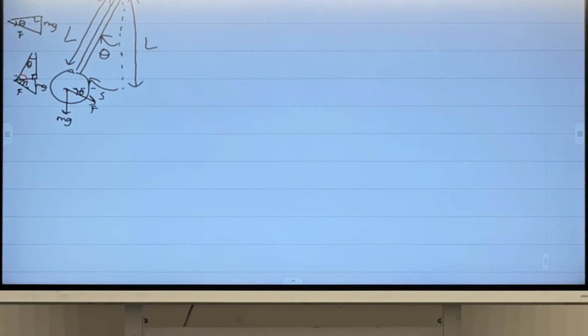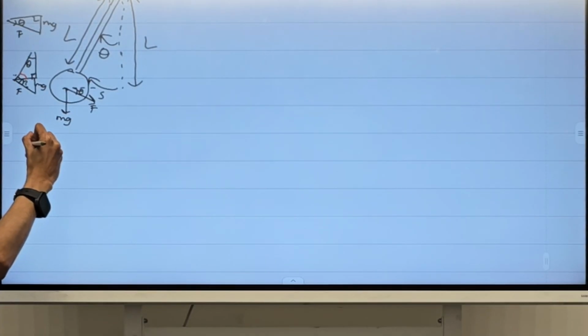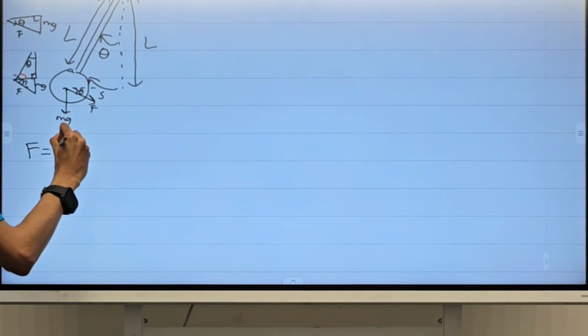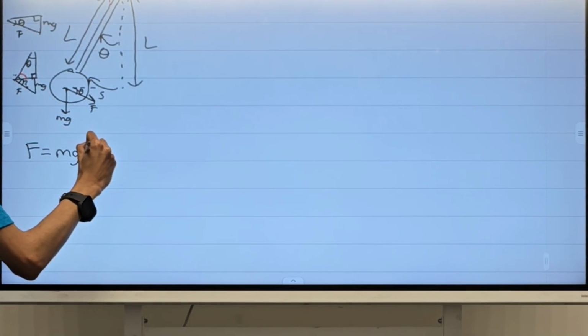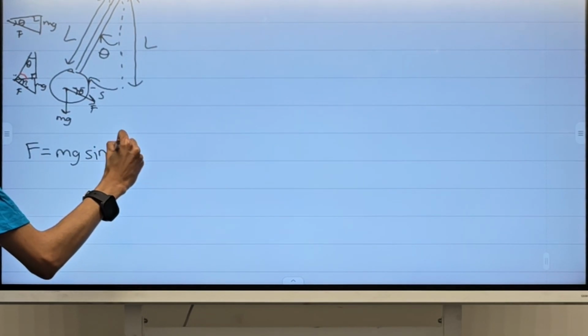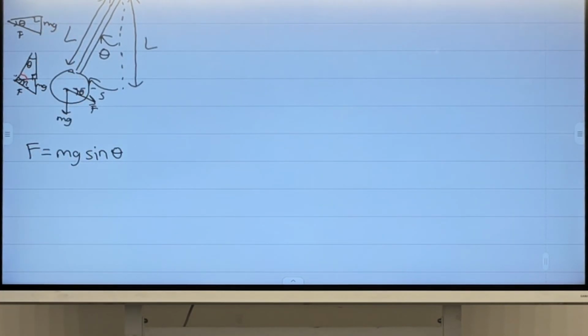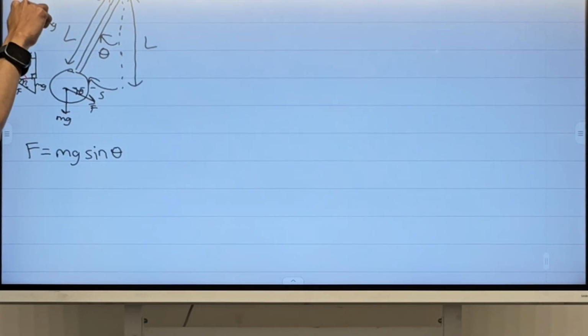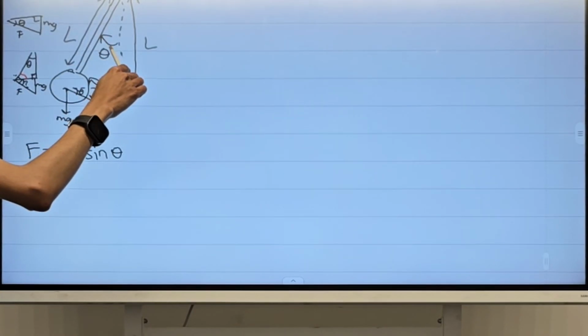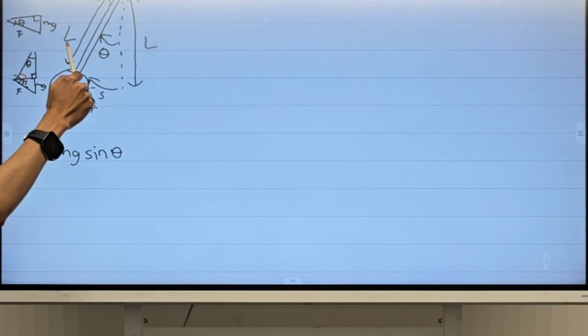So from here, we know that F is equal to sine theta mg. So let me just write it down here. F is equal to mg sine theta. Well, not quite, because theta actually is turning this way, and we're assuming theta is turning this way. And if you look at it, the way theta is turning is away from the origin.